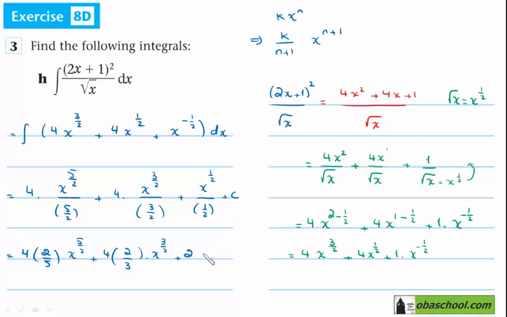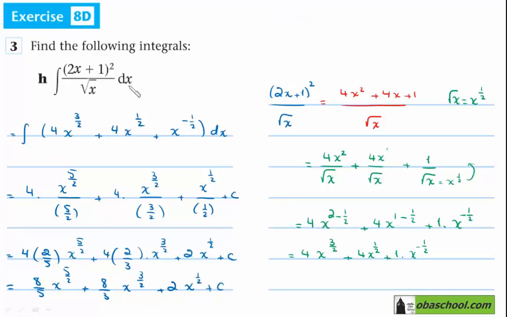The third term similarly is 2 multiplied by x to the power 1 over 2, plus the constant c. Now, doing simplification, we have 8 over 5 x to the power 5 over 2 plus 8 over 3 multiplied by x to the power 3 over 2 plus 2 multiplied by x to the power half, which stays the same, plus the constant c.